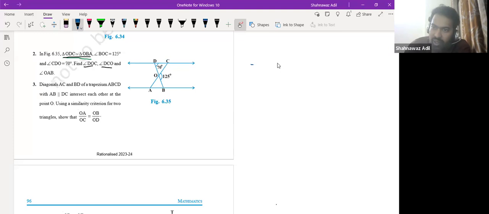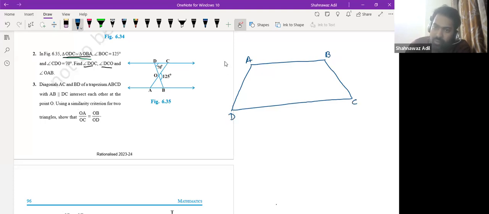So we have trapezium ABCD, and these are the diagonals.